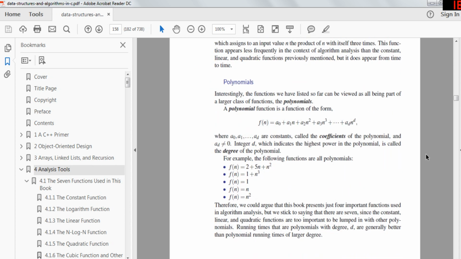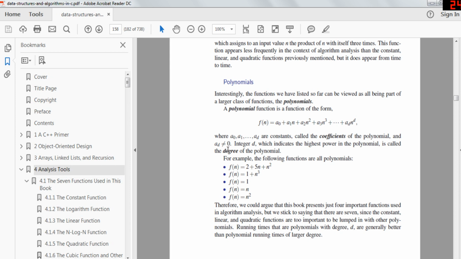Polynomials. The functions that we have listed so far can be viewed as being part of a larger class of functions called polynomials. A polynomial is a function of the form f(n) equals a0 plus a1 times n plus a2 times n squared plus a3 times n cubed, all the way up to ad times n to the d power. So what does this mean? It's just the definition of a polynomial. The constants a0 up to ad are just arbitrary constants of the polynomial, and they don't really matter.